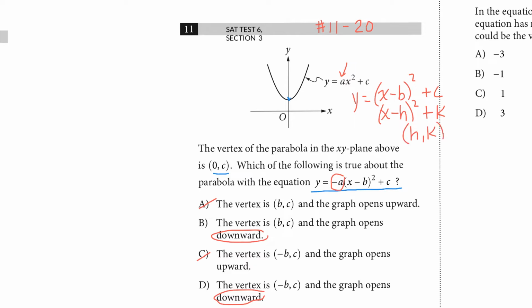Well, in this case, the vertex would be (b, c), so that would be answer B. And also, if you have (x minus b) squared, that's a horizontal translation, b units to the right. So therefore, the answer for number 11 is B, where the vertex is (b, c) and the graph opens downward.